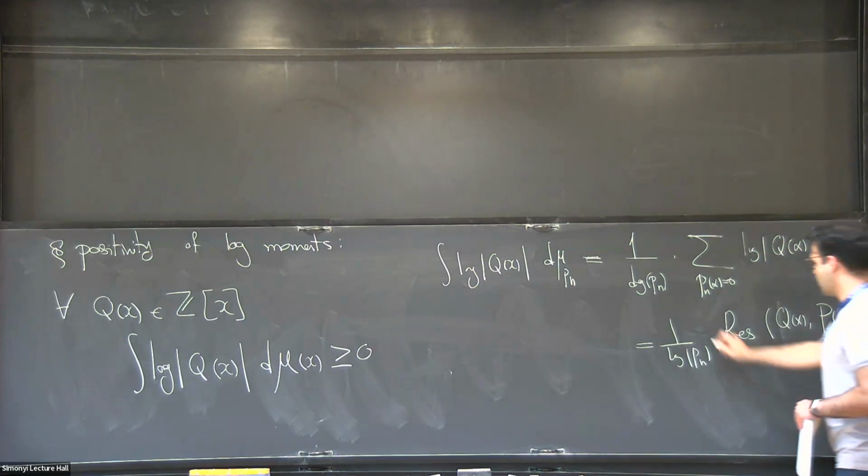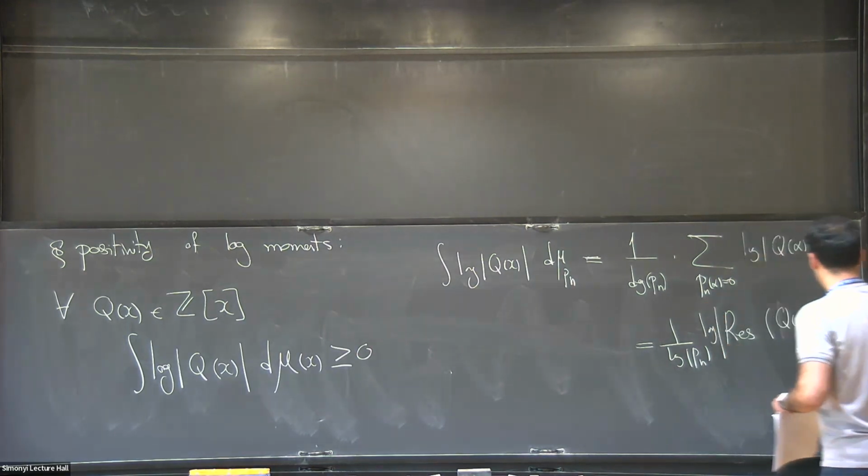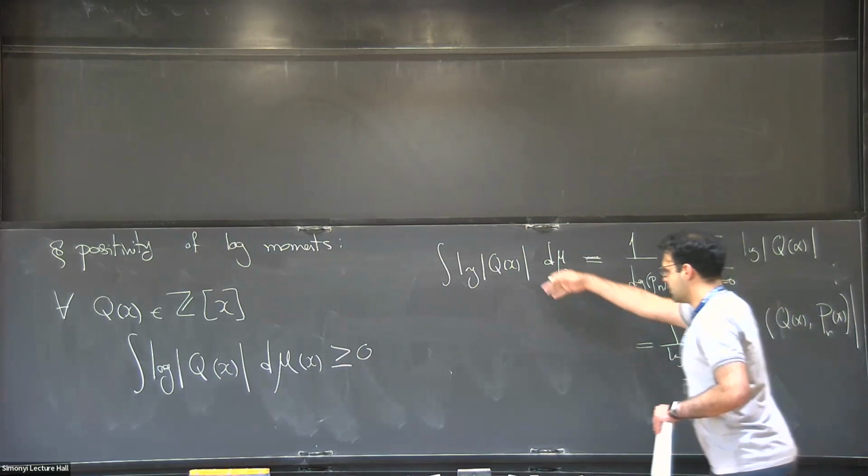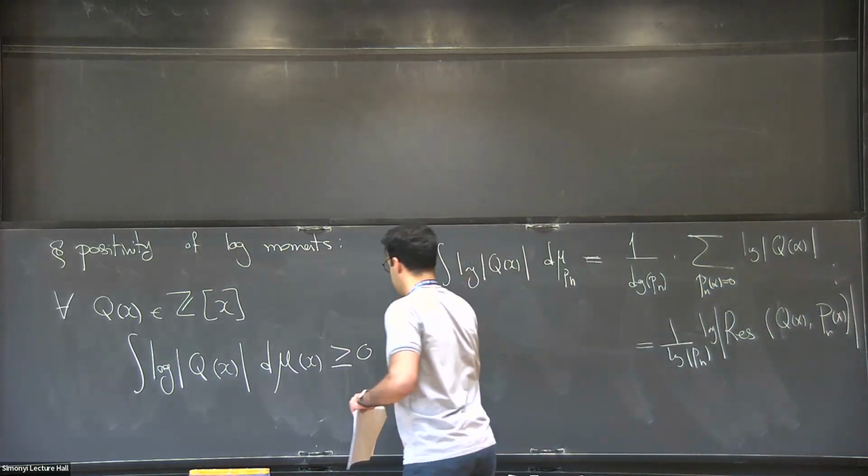So log of this, and log of a number bigger than 1 is positive, so it should be. And when you take the limit, basically you can derive this.